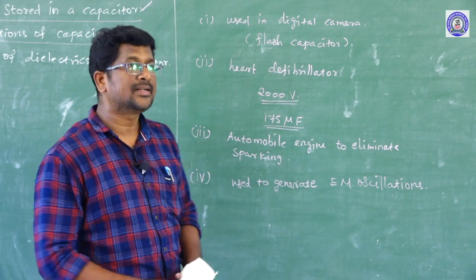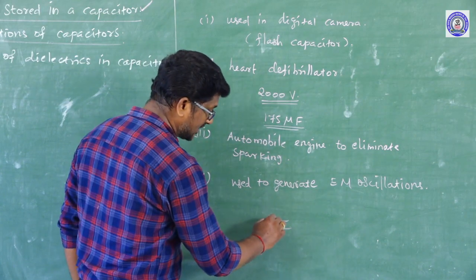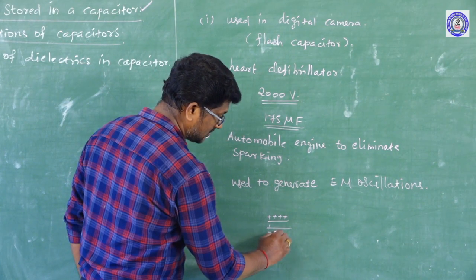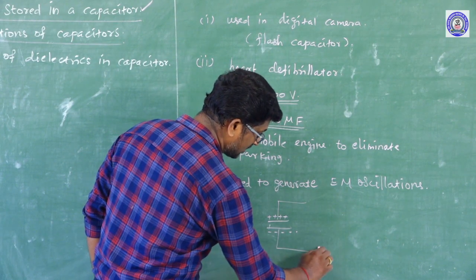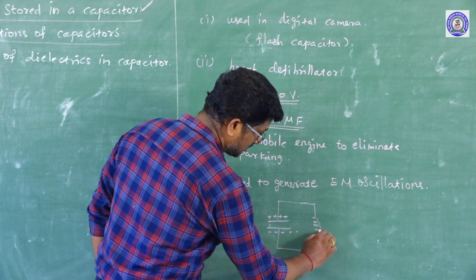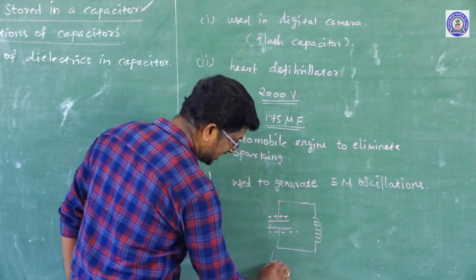The LC oscillator consists of a completely charged capacitor, and this capacitor is connected to an inductor like this. This arrangement is called an LC circuit.